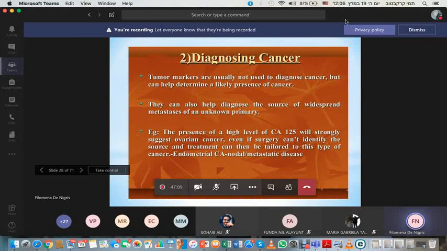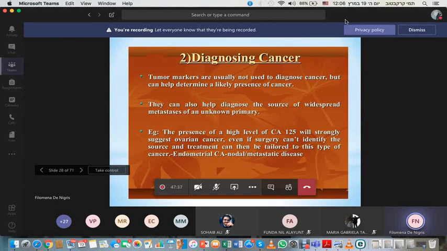What is important in our diagnostic process? As I told before, tumor markers are not used for diagnosis, but can help to determine the presence of cancer and help to make the right diagnosis.